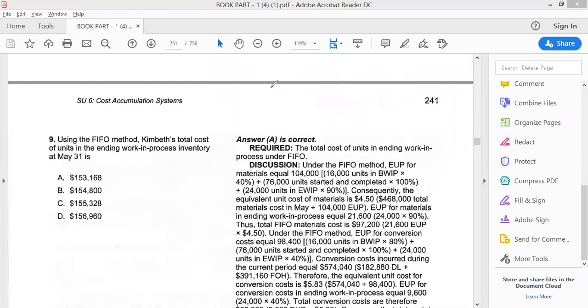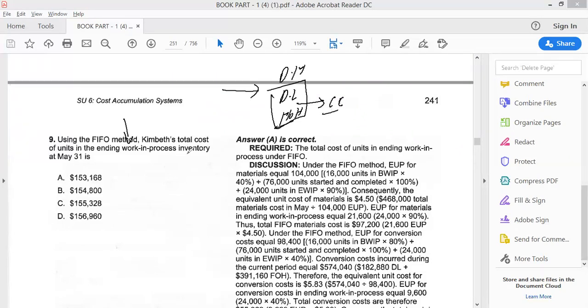Remember, we discussed in our previous units as well, students, whenever we want to calculate the cost of any cost object, like here, work in process, we always look for these three elements: direct material, direct labor, and manufacturing overhead. Here, we club these two elements into conversion cost.